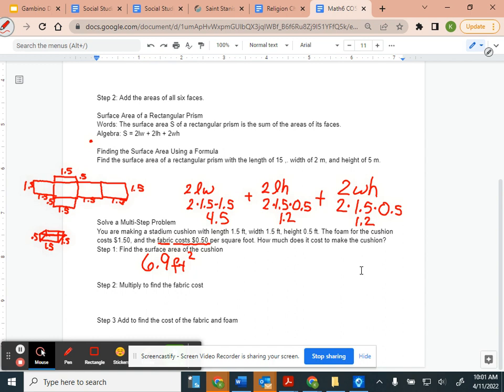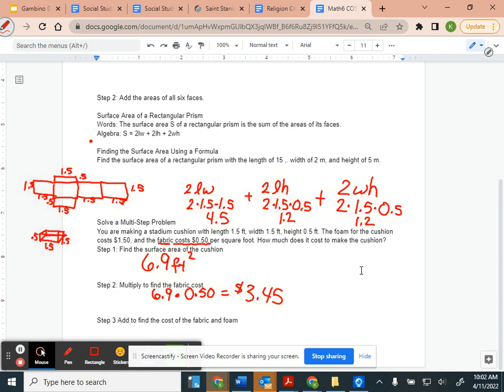If I need 6.9 square feet and I know that each of those square feet is 0.5, I multiply those two together, right? So 6.9 square feet times 0.5. How much money am I spending on my fabric, Landon? $3.45 on my fabric.